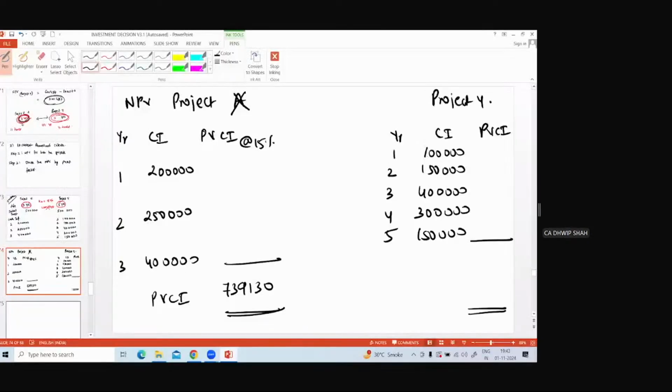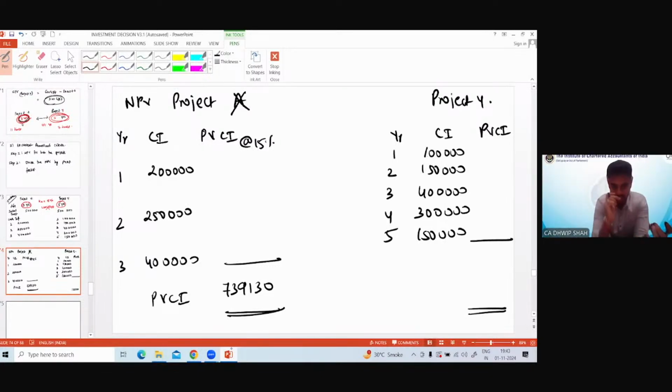My calculator is not working, otherwise I would have helped you in calculation. See, for project X, everyone please follow the steps. Take 2 lakh in the calculator, press division sign, enter 1.15, equal to, 1 time. So this is the present value of 2 lakh. How much did you get? 173,913 something. Yes or no?